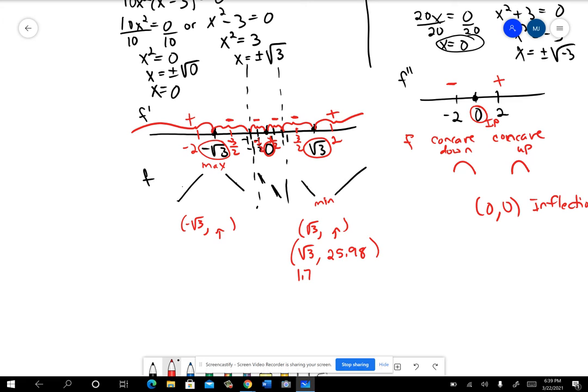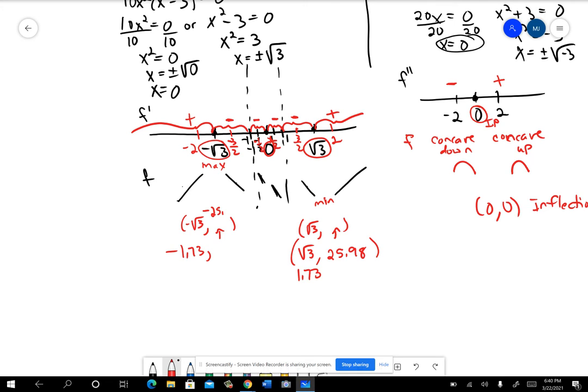It's 1.73, yeah. Okay, and here we have negative about 1.73. And when you put the negative in, I'm just going to go back to my original thing and think about it. I'm going to get a negative on top and then the same thing on the bottom. So that's just going to make it a negative. So this will be negative 25.